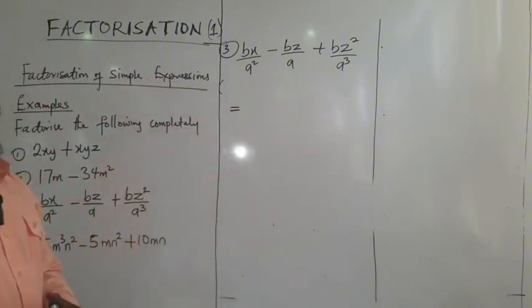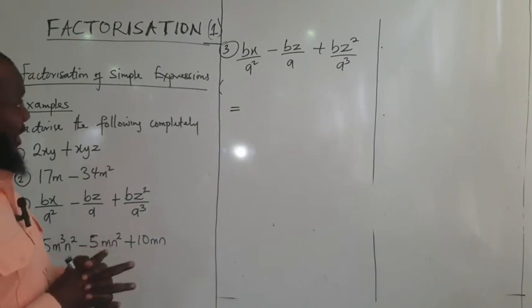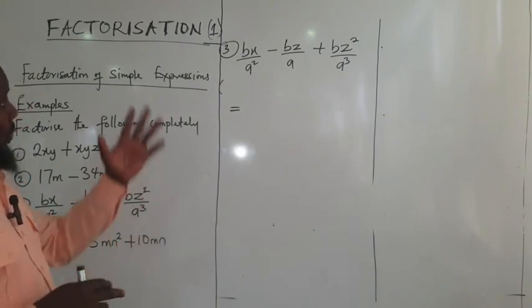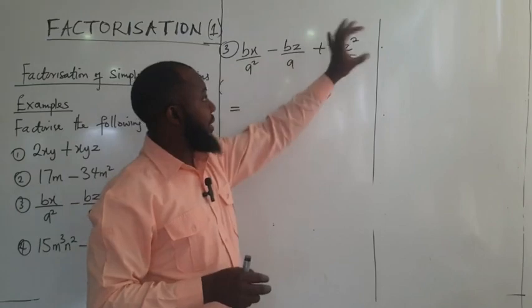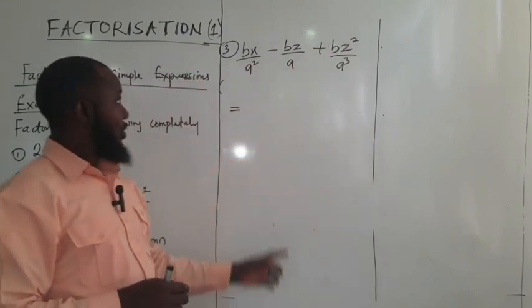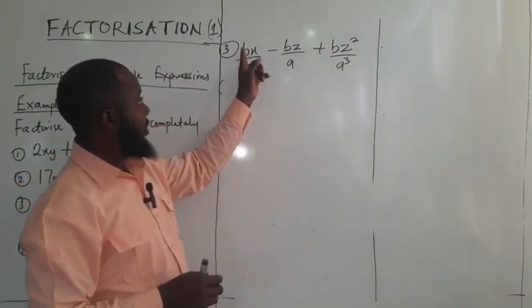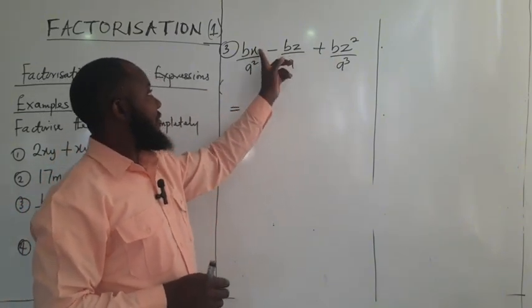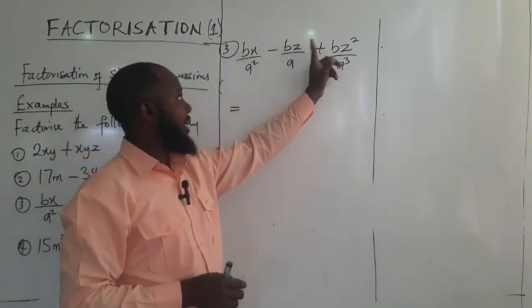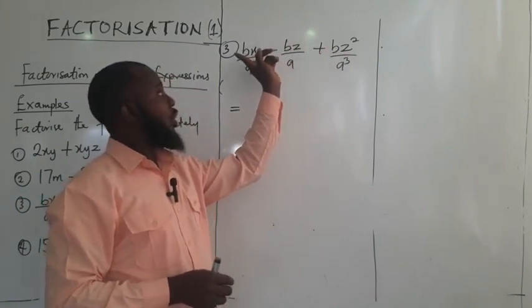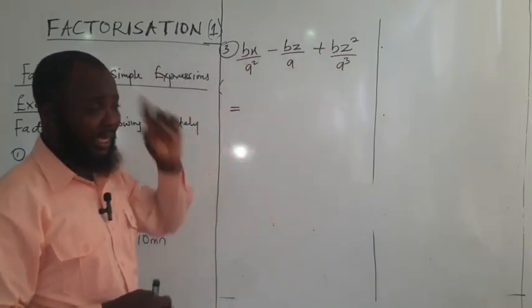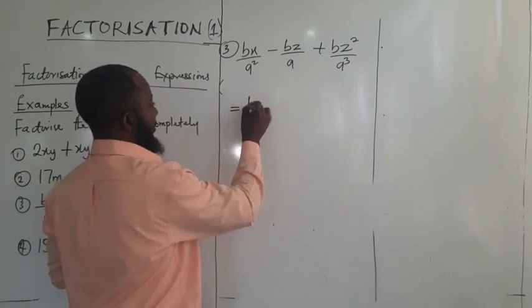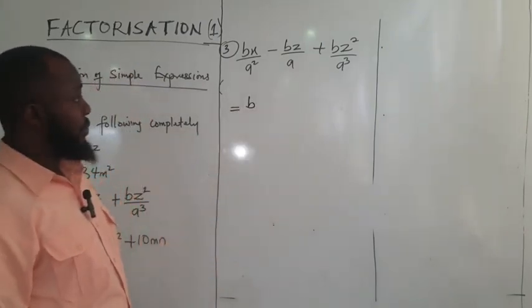Since what we're looking for is the common factors, we look at the numerator separately and the denominator separately. In the numerators, we have b here, b here, b here. We have x here, no x, no x. Z here, but no z here. So the common factor at the numerator is b.